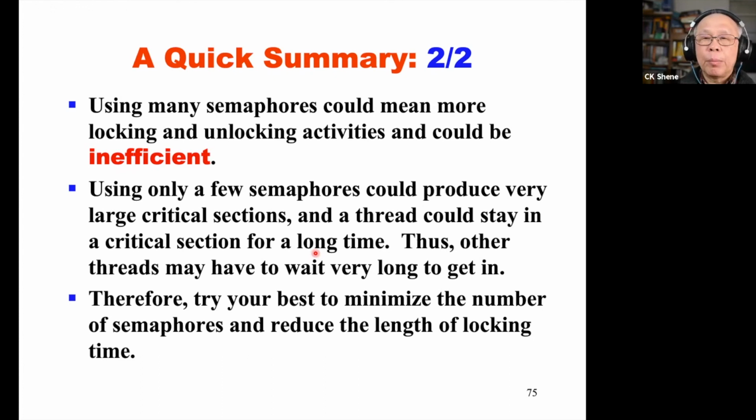What is the problem? The problem is so simple. You lock a critical section for a long time. Then many other threads will be blocked by the wait. As a result, other threads may have to wait for a long time to get into the critical section.